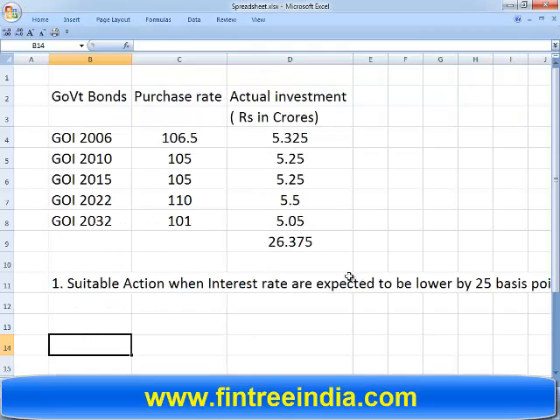The revised portfolio duration can be calculated as follows.